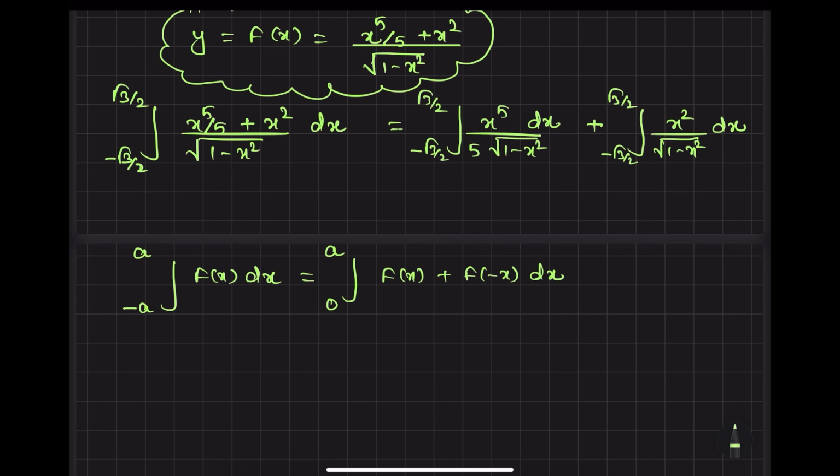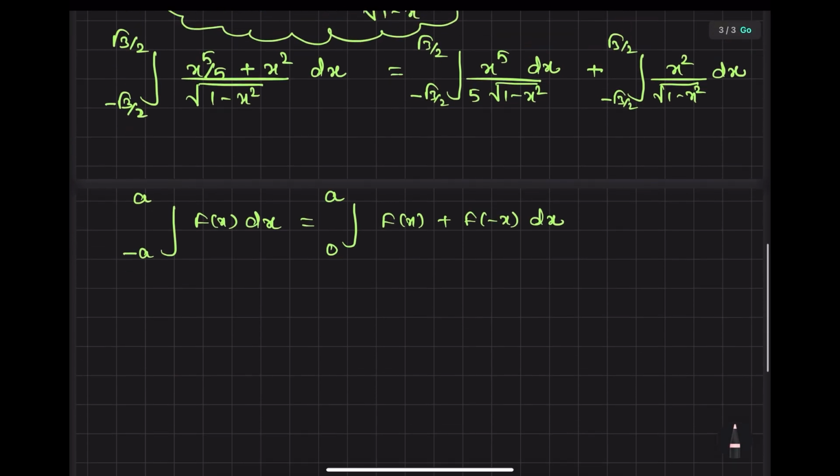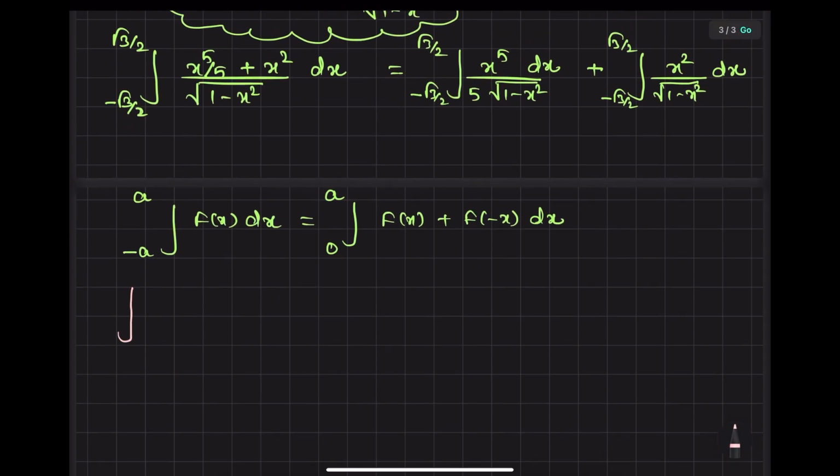So we will apply this property. For the first component, x power 5 by 5 times 1 minus x square plus minus x power 5 by 5 root over 1 minus x square becomes the same with opposite sign.